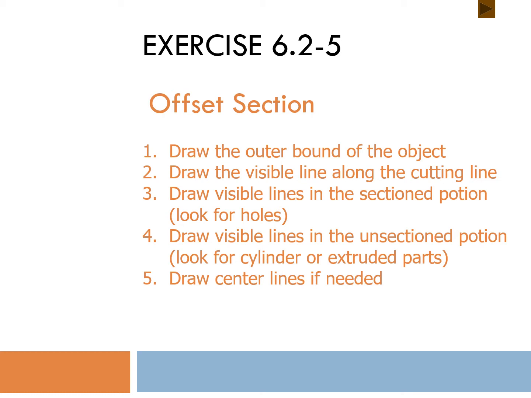Most importantly, the cylinders or extruded parts are the things that will appear on your section view. After you draw all these visible lines, you might want to add a center line if needed. If you go through a hole, and especially for a cylinder, then you need to add the center line. Remember, no hidden line should appear in the section view.